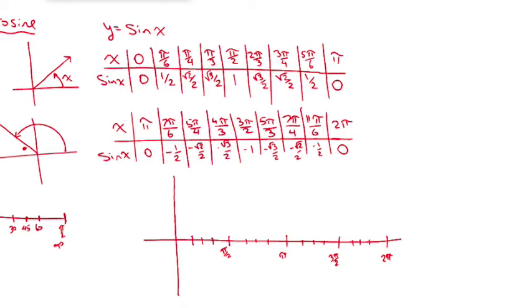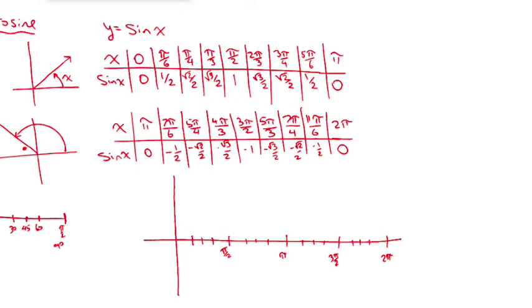So the marks on the bottom are pi over 6, pi over 4, pi over 3. And then it turns around: pi over 3, pi over 4, pi over 6. So that's how the angles are going to go on this. What's the maximum value for this graph? What's the biggest value that's up here?